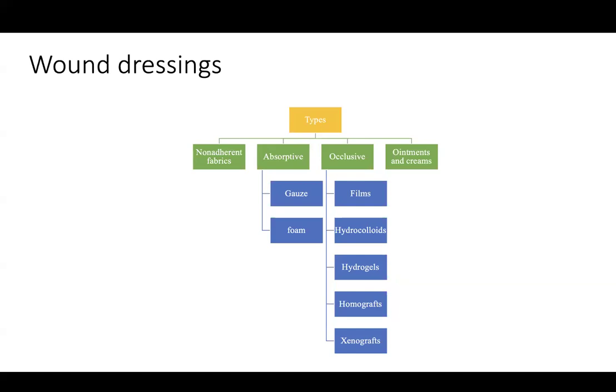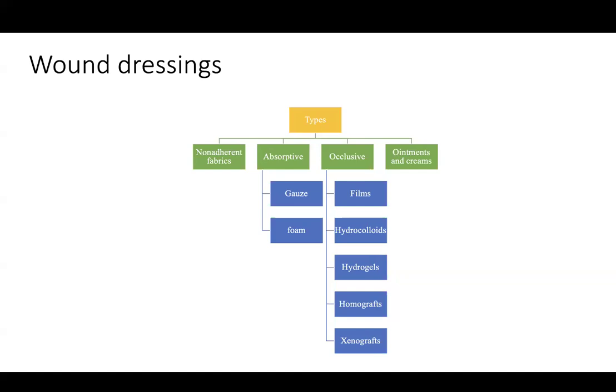Homografts and xenografts come in the biologics category, wherein homografts are derived from humans and xenografts are interspecies grafts. The disadvantage is that these are all temporary dressings, and they will be rejected if left on the wound for an extended period of time.